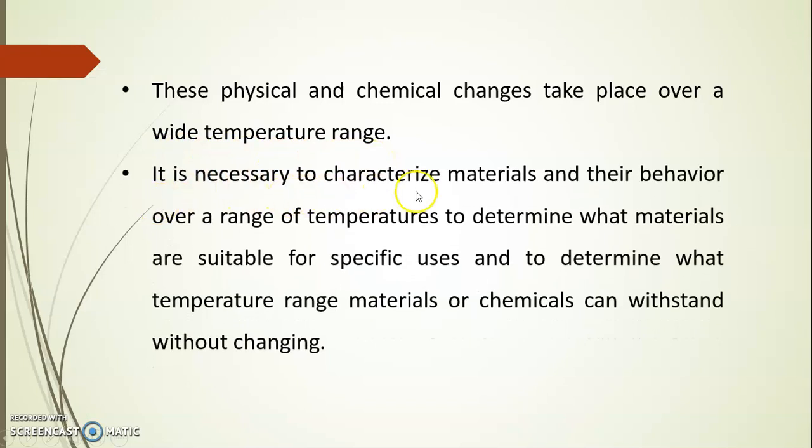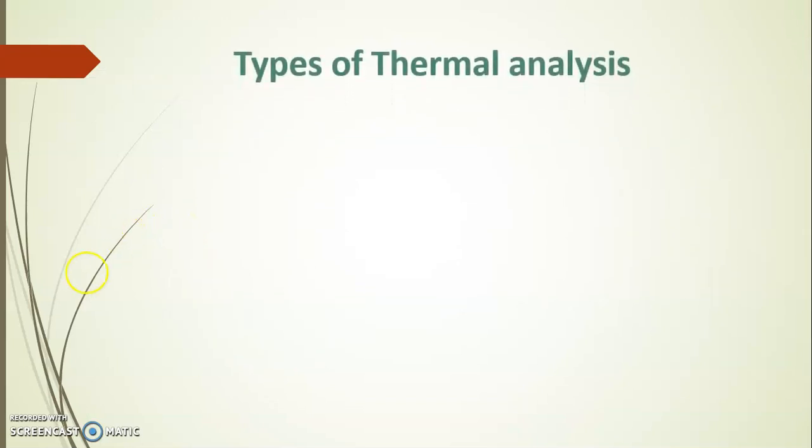It is necessary to characterize materials and their behavior over a range of temperature to determine what materials are suitable for specific uses, and we also determine what temperature range materials or chemicals can withstand without changing. So with thermal analysis we determine the list of materials which are stable at different temperatures. There are a number of types available for this thermal method.